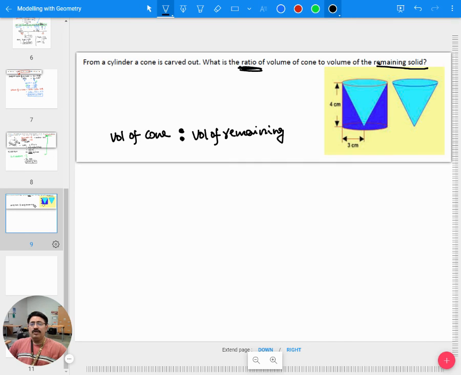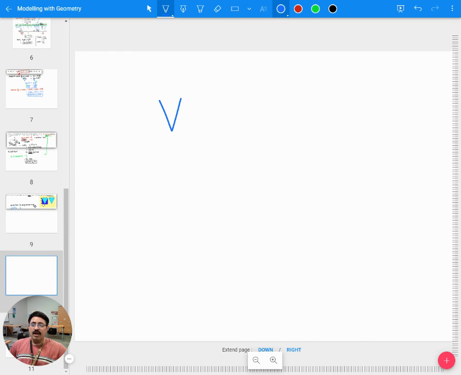You know that volume of a cone is 1/3 pi r square h. Volume of the remaining solid means, please remember the relation between a cone and a cylinder. Volume of a cylinder is pi r square h, and the cone is 1/3 pi r square h.